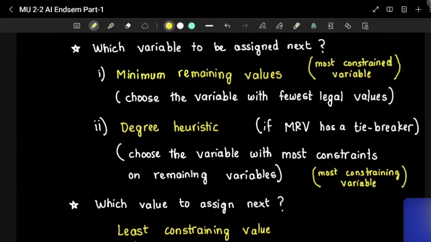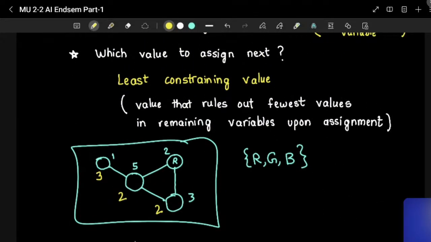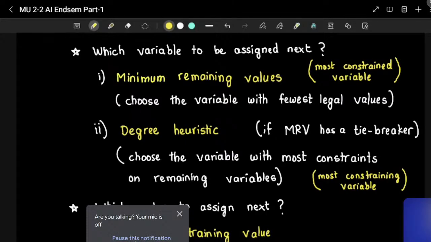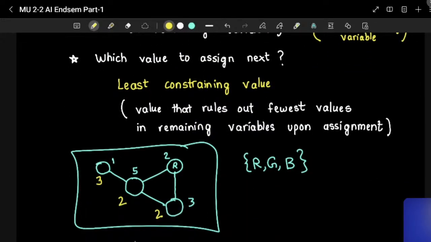Choose the variable with most constraints on remaining variables. So essentially, find the variable that appears in most of the constraints.